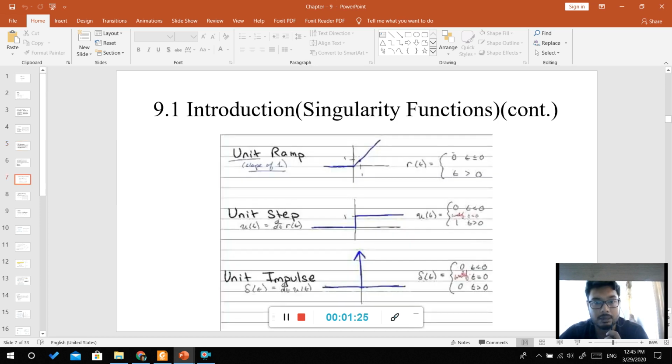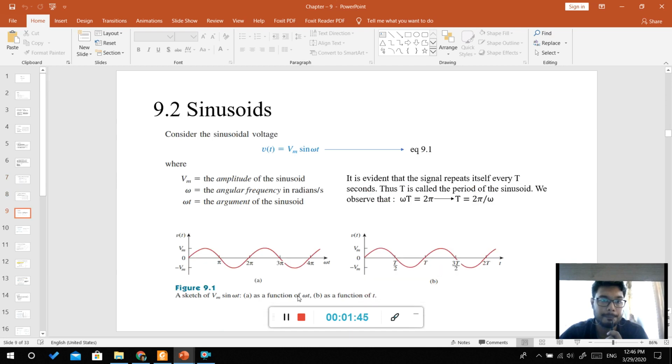We've seen singularity functions. Singularity functions are the functions that are discontinuous at particular points, or their derivatives are singular at particular points. We've seen unit ramp, unit step, unit impulse function.